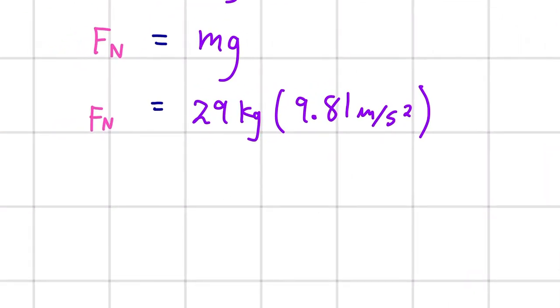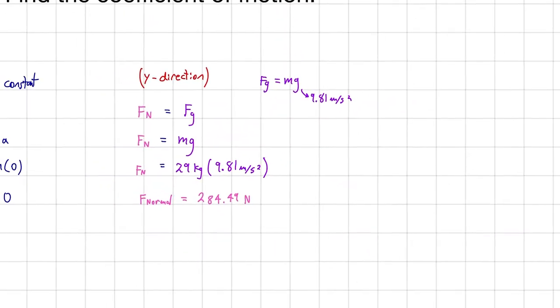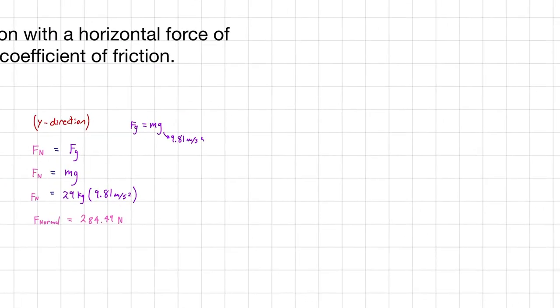Now all we have to do is plug this into our calculator. That gives us that the normal force is 284.49 newtons. I encourage you to type this in your calculator to see if you get the same answer. So that's our normal force. Now let's move on.